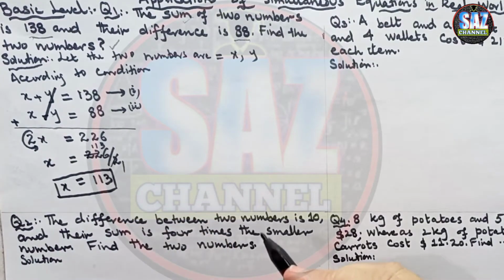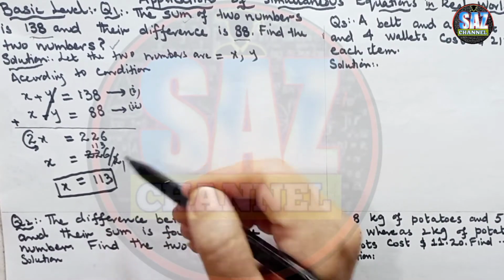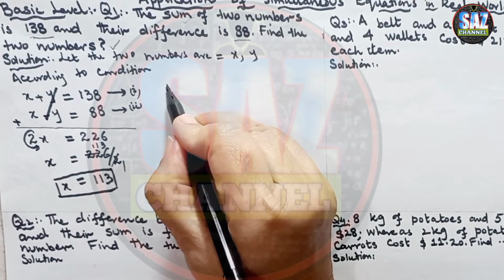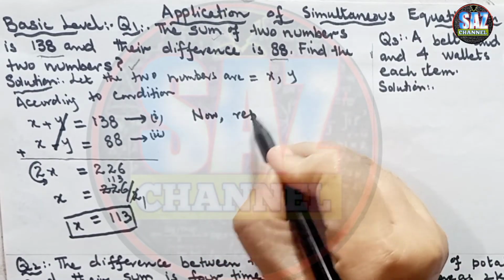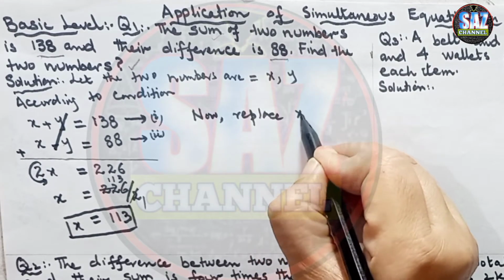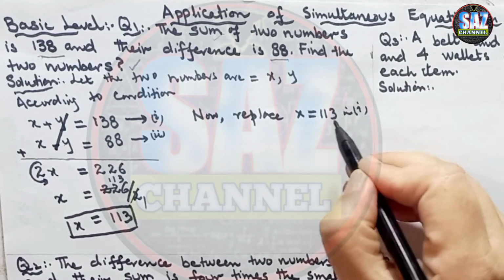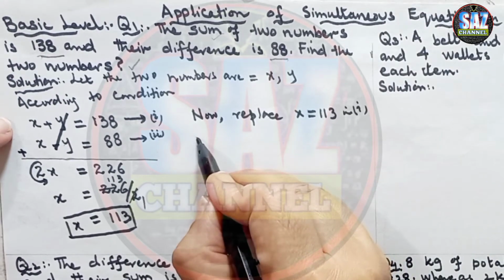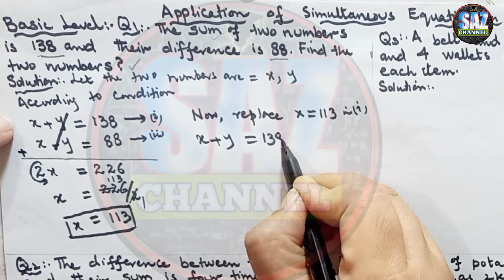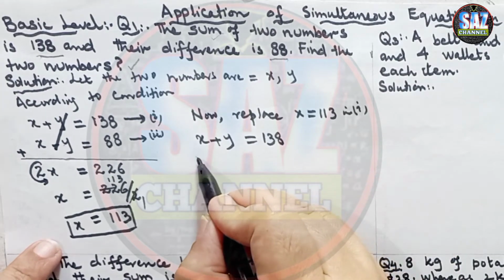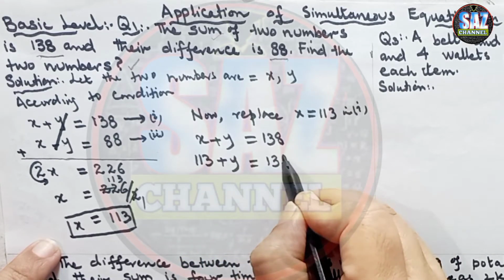Now we have to take any one of the equations and find the other number. So what I'm going to do now is replace x equals 113 in equation 1. So the equation will take the form x plus y equals 138. x has the value 113, so 113 plus y equals 138.